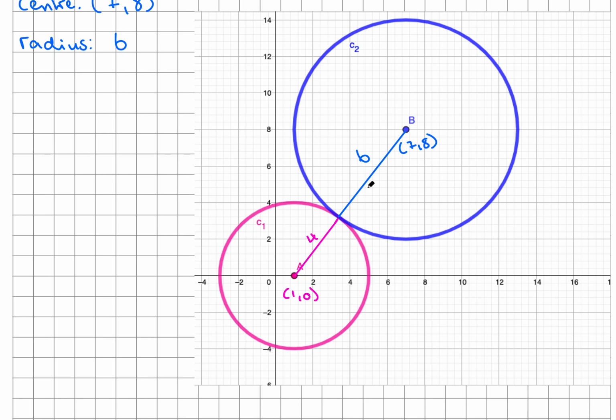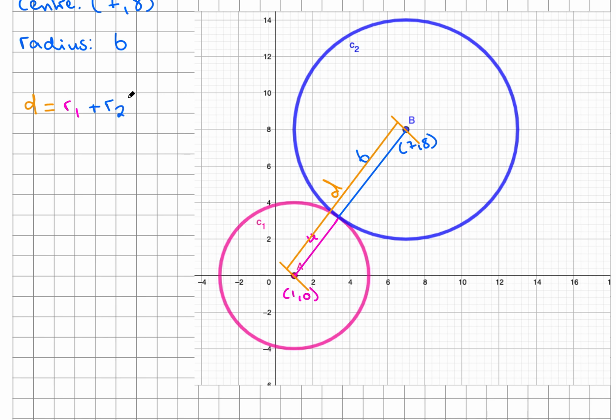I can see that I have two centres that are a distance apart. I'm going to call that distance D, and I'm going to mark that in, putting a line through the centres from here to here. There's the distance D. But this distance D is the exact same thing as if I walked along the pink, which is the first radius, radius number 1, and then the second radius, radius number 2.